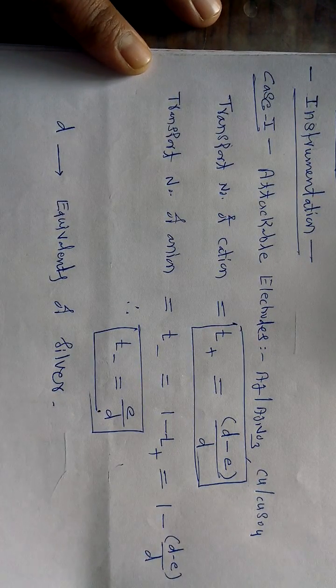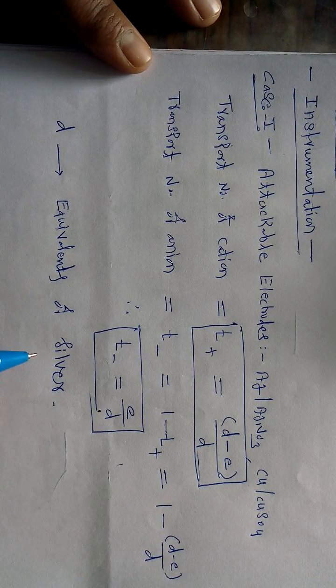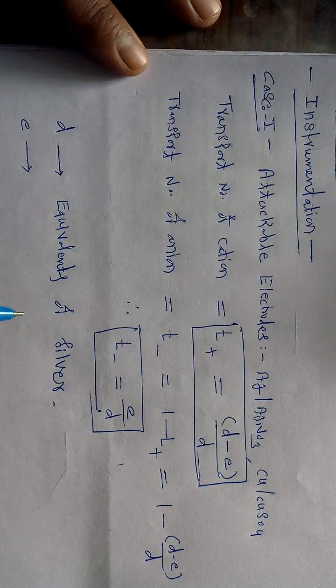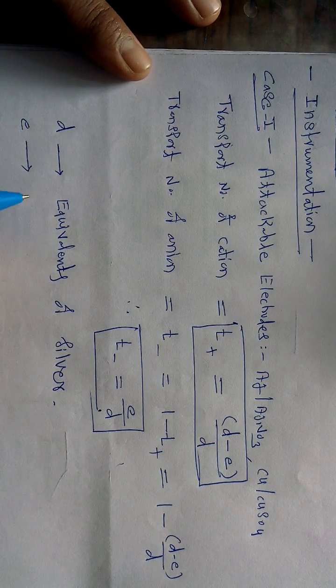We take into consideration the equivalence of silver that gets deposited. And the second important parameter is the small e. What is meant by this small e? This is nothing but the increase in concentration in the anode compartment.